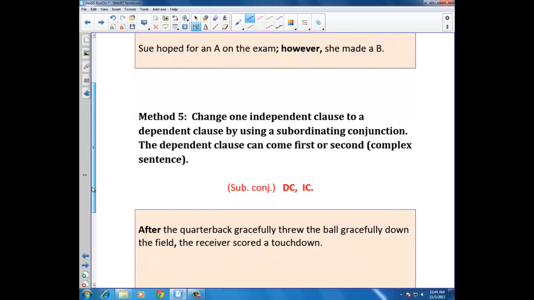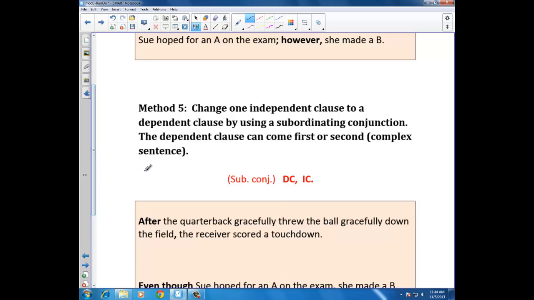Method 5, change one independent clause to a dependent clause by using a subordinating conjunction. The dependent clause can come first or second. Changing one of those clauses to a dependent clause will create a complex sentence. You learned about complex sentences again in Module 2.